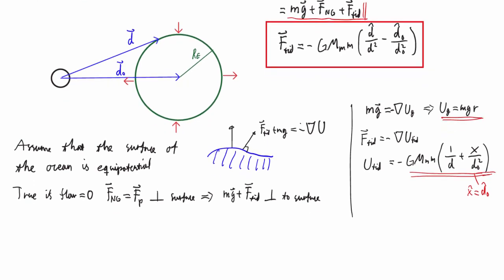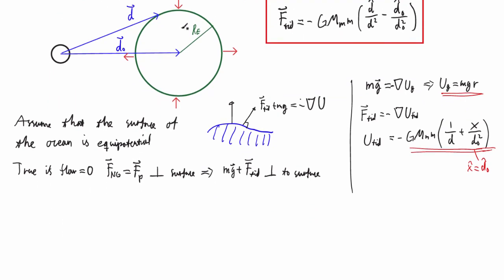Now let's look at what's happening on the surface of the Earth here. I'm going to name these points, the points that are facing directly towards and away from the moon, P. And these 90-degree points here I'm going to call Q. No matter where we are, the potential is the same everywhere, so the surface of the ocean is equipotential.